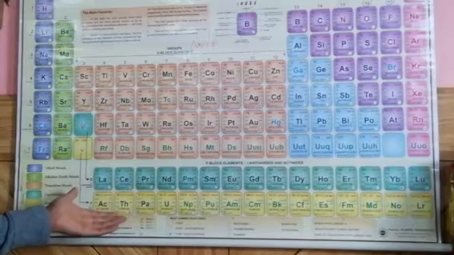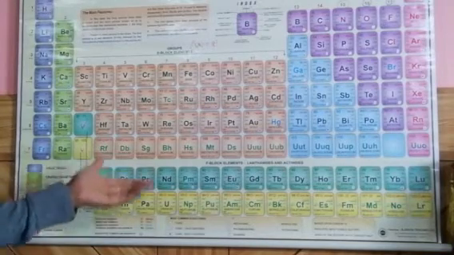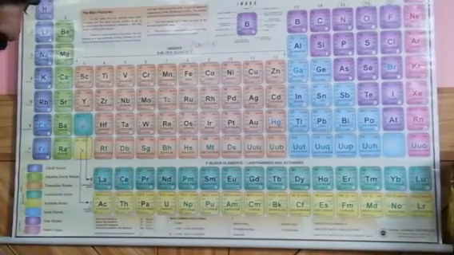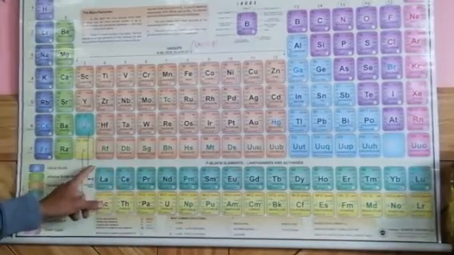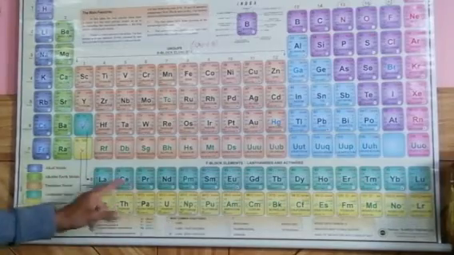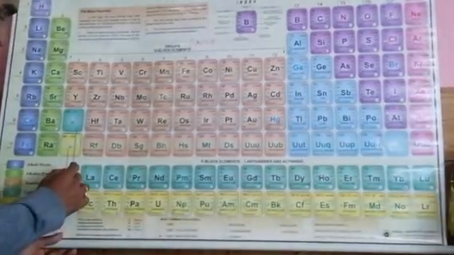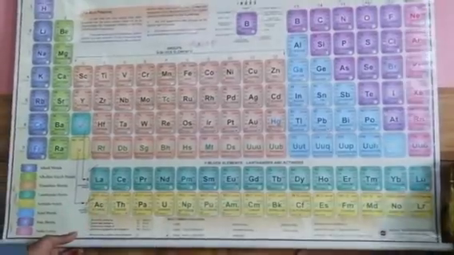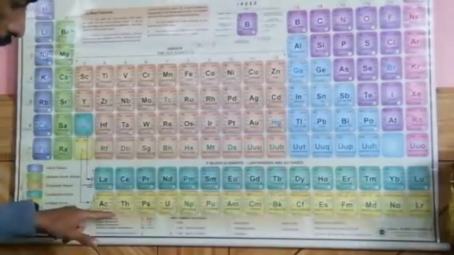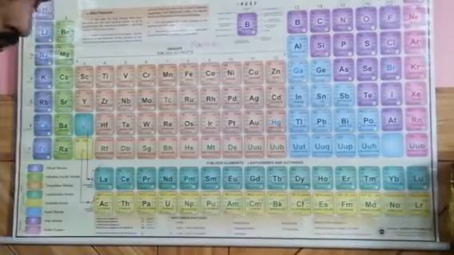The two series of inner transition, 4f and 5f, are written separately outside the periodic table and are famously called the lanthanide and actinide series. This series is the lanthanide series, and this yellow series is the actinide series.